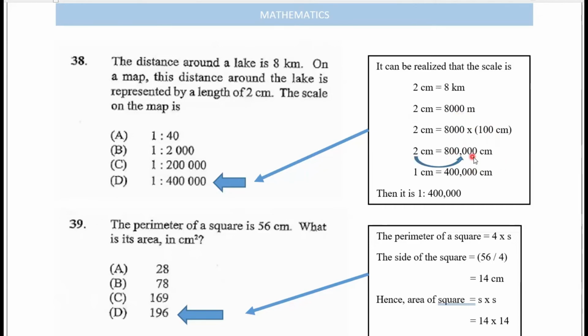So 2 centimeters is 800,000 centimeters. And why do I divide by 2? 2 into 2, 1, you get 1 cm, and 2 into 800,000 will be 400,000, because 2 into 8 is 4, and you have the zeros. So it's 1 cm to 400,000 cm. That is 1 to 400,000. That's D as in dog.